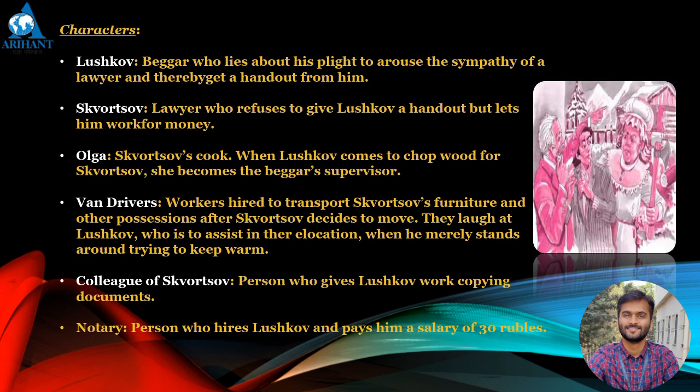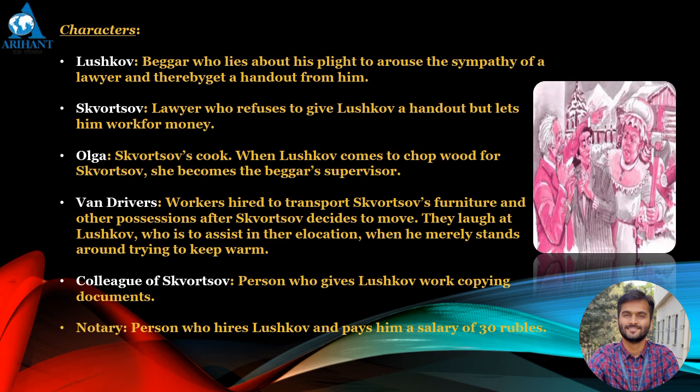Now we will see the characters from the short story and its short introduction. The first, Lushkov, the beggar who lies about his plight to arouse the sympathy of the lawyer and thereby get a handout from him.